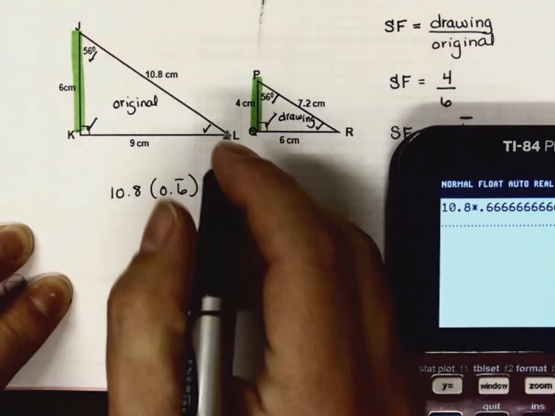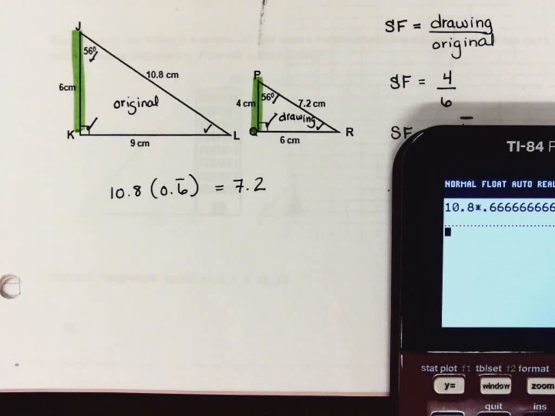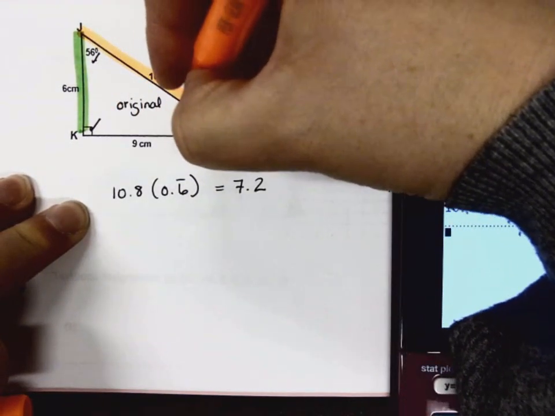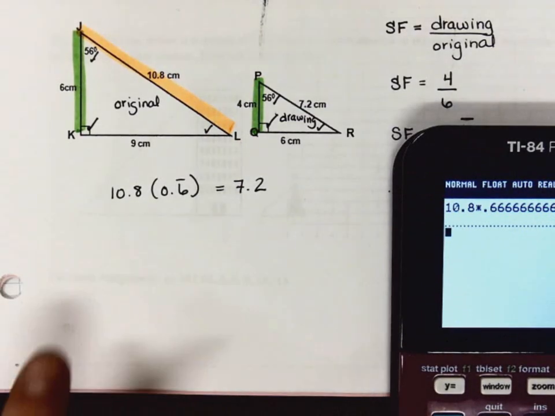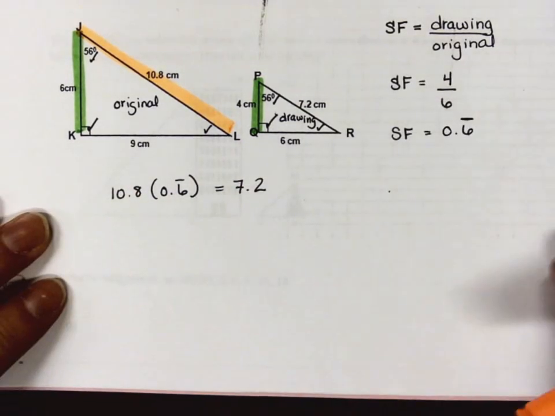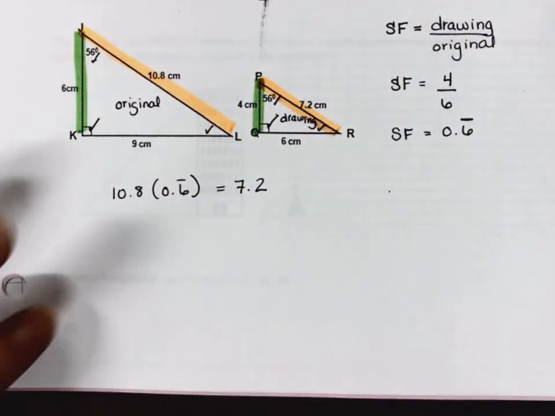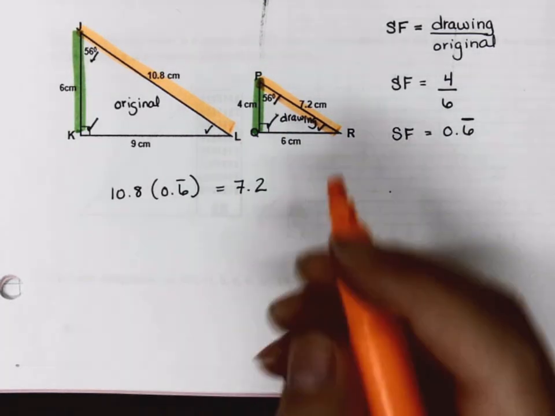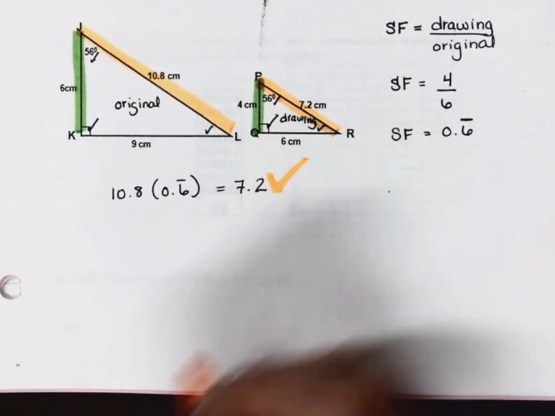So I get an answer of 7.2. So if this side is 10.8, if I multiply it by the scale factor, I should get the length of the corresponding side. So that's why it's important to know what sides match other sides. And does that work? That's good, right? That's good.